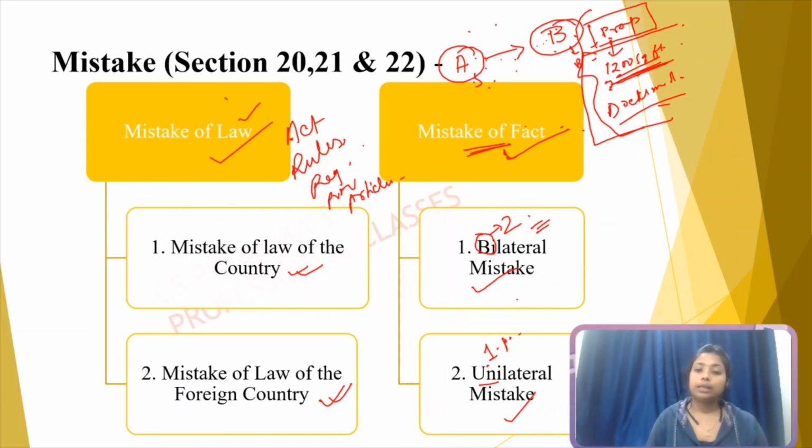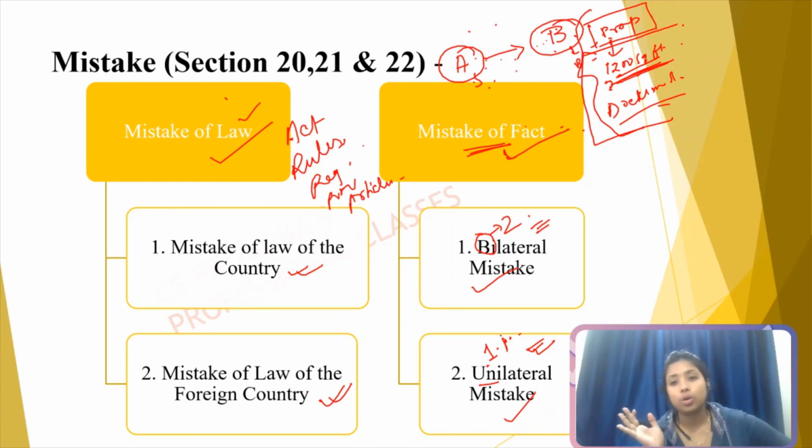In case of unilateral mistake, if one party is not aware, the other party, who knows the fact, should educate the other about the fact. So there can be two types of mistake. One is bilateral, where both the parties are not aware of the fact, and on the other hand unilateral, where only one is not aware, and the other is aware and he is silent.